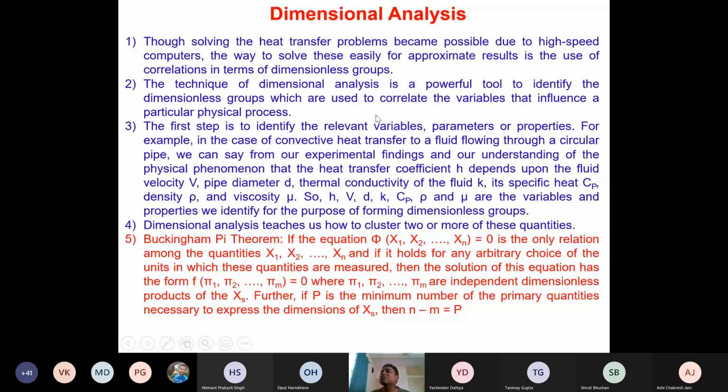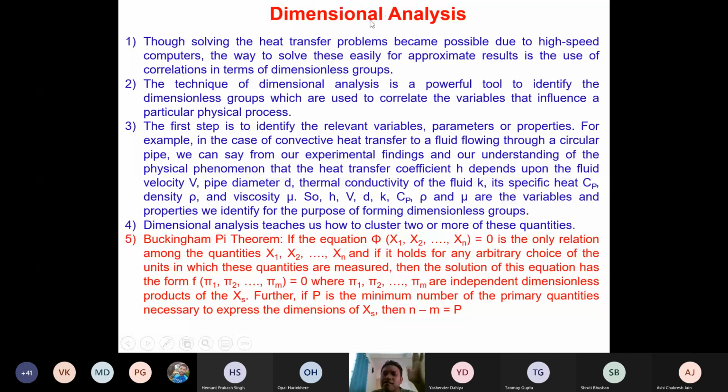Okay, so let us look at one such interesting concept which tells me, if I'm looking at the heat transfer coefficient for a particular geometry, what factors are going to be there in the correlation. This can be directly obtained using dimensional analysis.